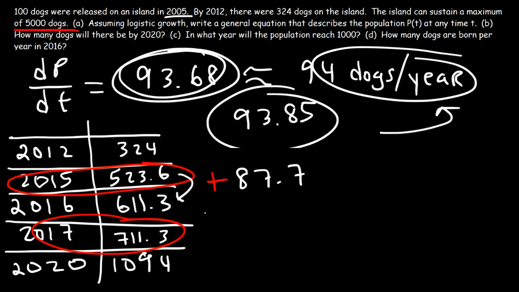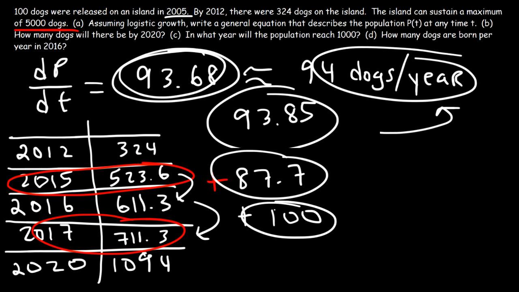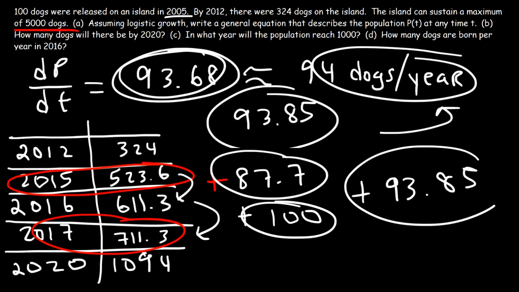Now, between 2016 and 2017, you could see that it increased by 100. If you average these two, you'll see how much the population increased by. 100 plus 87.7 divided by 2 will also give you 93.85, which is the average growth rate in the year 2016.